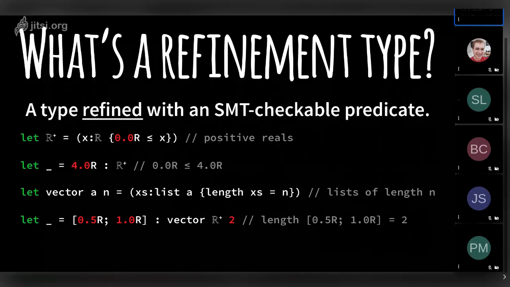And then as a second example, we have the type of vectors. So vectors are lists with a certain length. So here it's defined as the type of lists where the length is exactly n. And as an example here, we have the list of 1/2 and 1. And that is a vector of length 2.